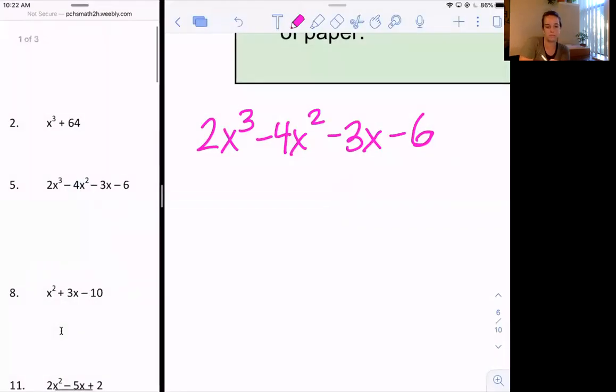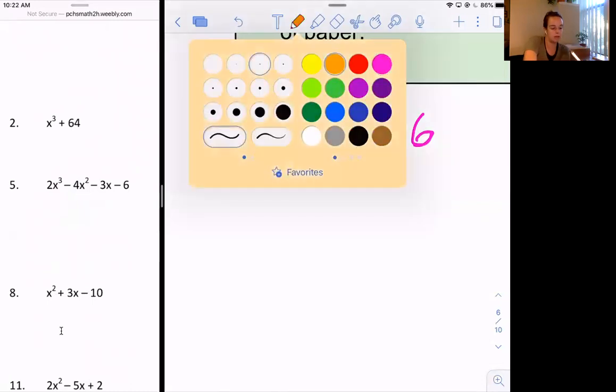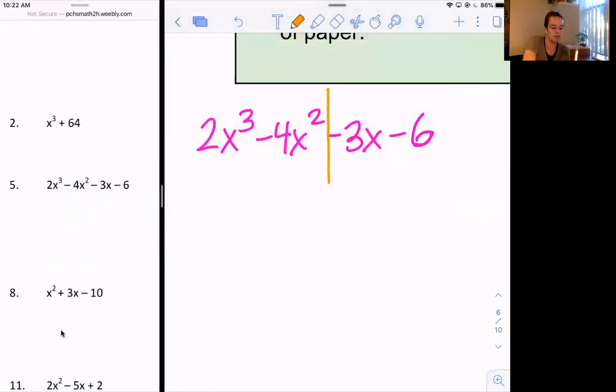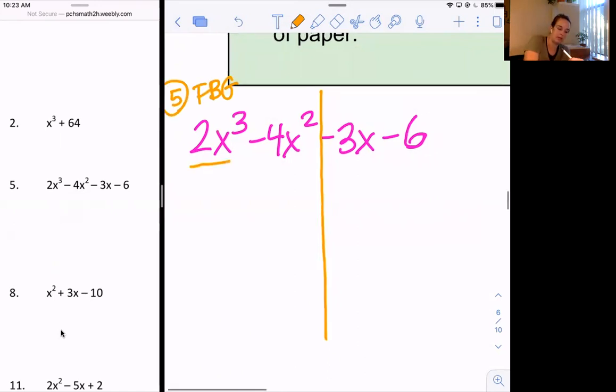All right, so factoring by grouping, I'm going to split it in half like this. Number 5, factoring by grouping, I'm going to find something in common. What is in common between 2 and 4? Probably 2, right? 2 on both of them.